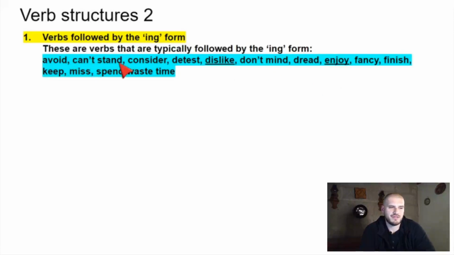Avoid, can't stand, which is no soporto. Consider, detest, dislike, I don't mind, no me molesta. Dread, como temo. Enjoy, fancy, que me antoja. Finish, keep, continuar, seguir. Miss, extrañar. Spend or waste time, pasar o malgastar tiempo.